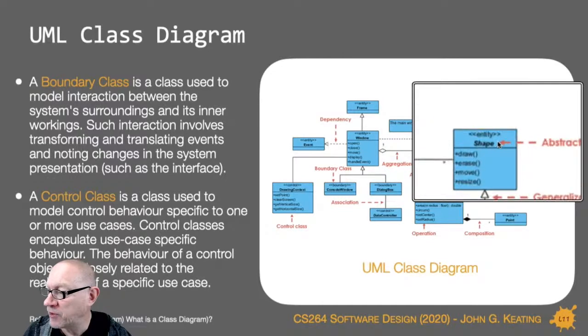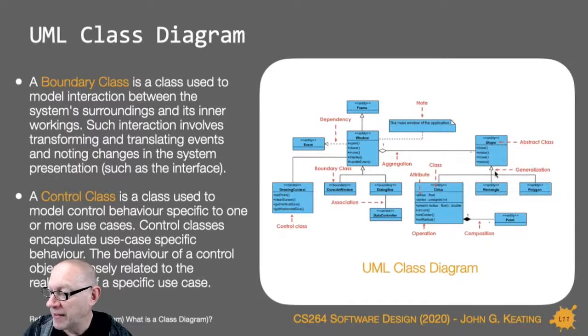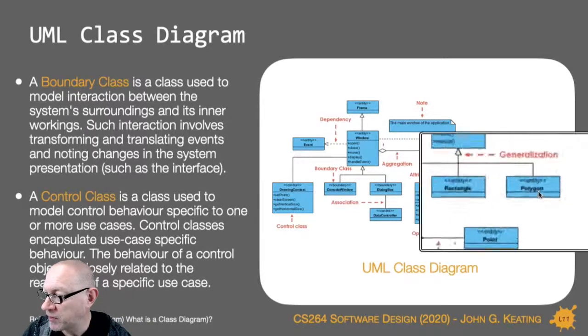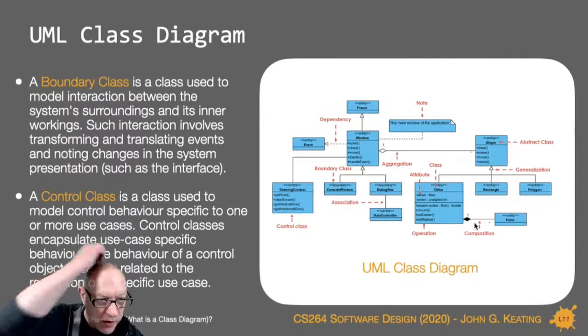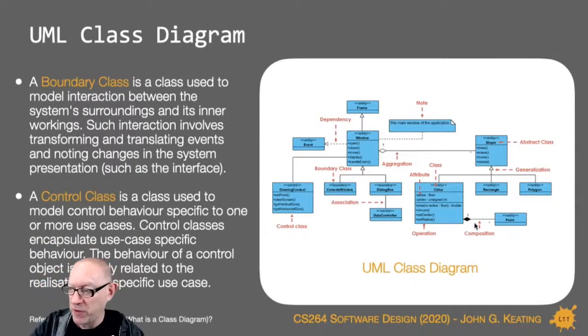A shape is an abstract class, and shapes may be generalized in order to create circles, rectangles, and polygons. Circles here, for example, are composed of points. A point doesn't exist without a circle.